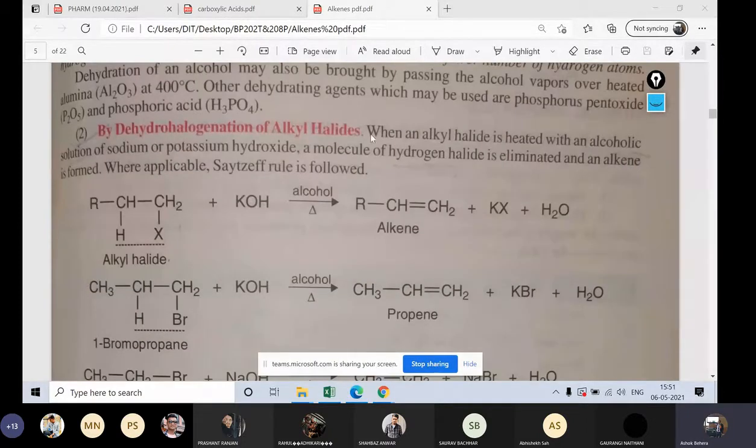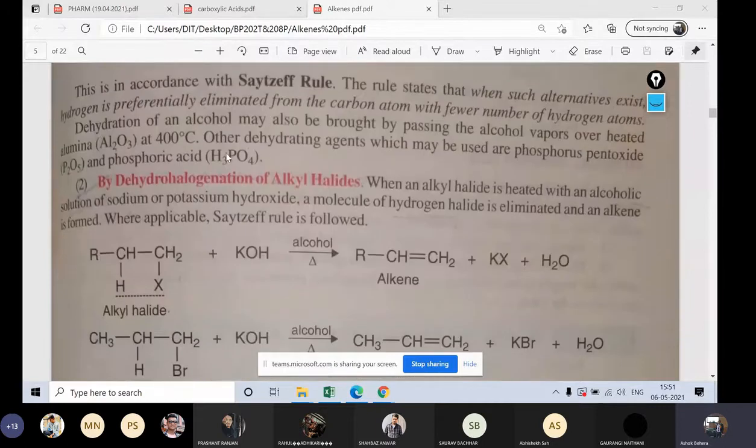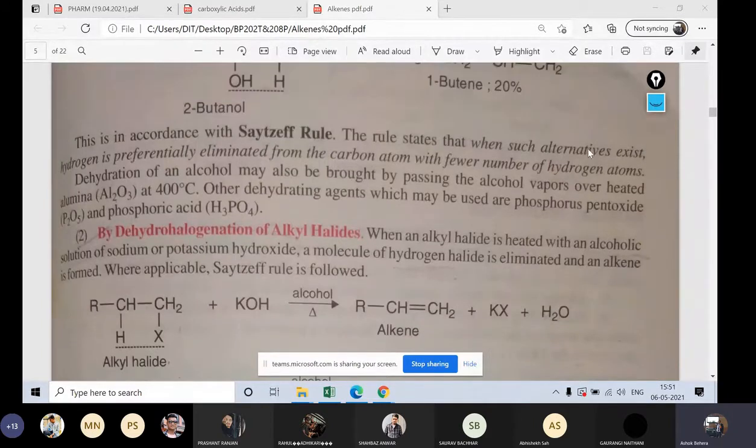Next is dehydrohalogenation, and these are the reagents. Please remember the dehydrating agents: alumina, phosphoric acid. So this is the rule that hydrogen is preferentially eliminated from the carbon atom with fewer hydrogen atoms.